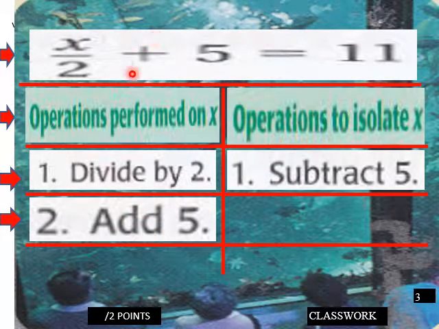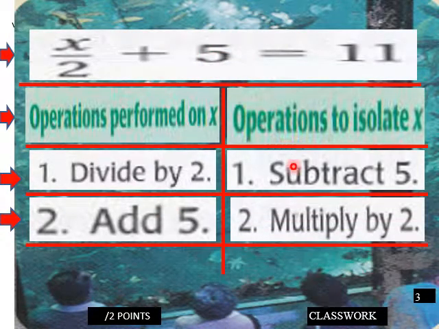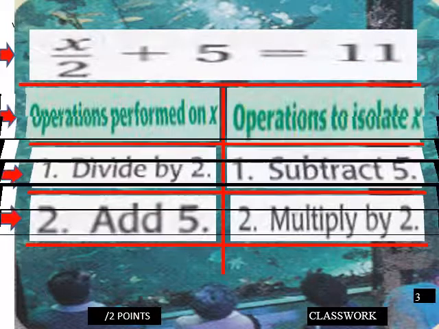The operations performed on x are dividing x by 2, and then adding 5. So to isolate x, we subtract 5 first, because 5 is the next operation. So we subtract 5, and then we multiply by 2. This cancels out, and what's left over is x.